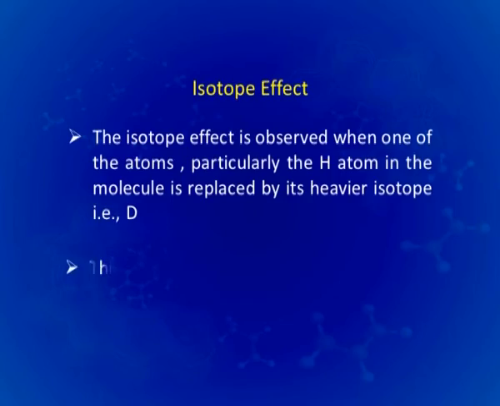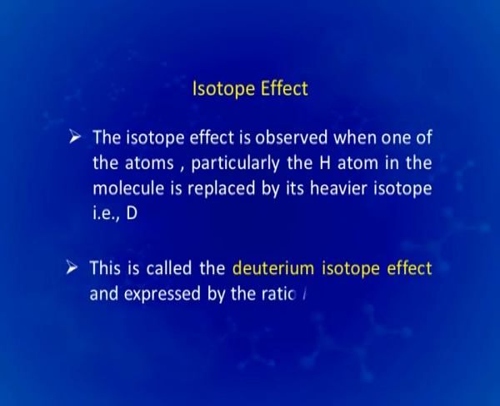There are a number of other isotopes, for example the isotope of carbon, oxygen, etc., which are important for isotope effect studies. When we are using deuterium, we call it the deuterium isotope effect, obviously, and it is expressed by the ratio of kH by kD. It is the rate constant when we have hydrogen, divided by the rate constant when we are using deuterium in place of hydrogen.